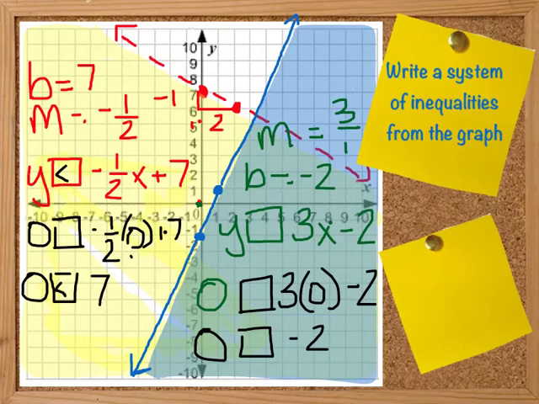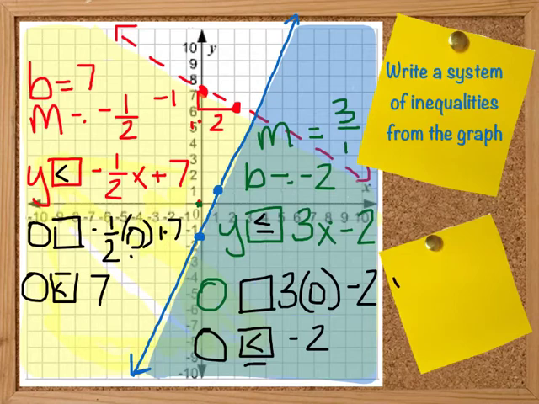Remember, we want it to be a false statement. A true statement would be 0 is greater than negative 2. Here it's less than negative 2 because that would be a false statement. We're also going to look at our line and we see that it's bold, so it's not just less than, but it's less than or equal to. So that will be our original equation there.